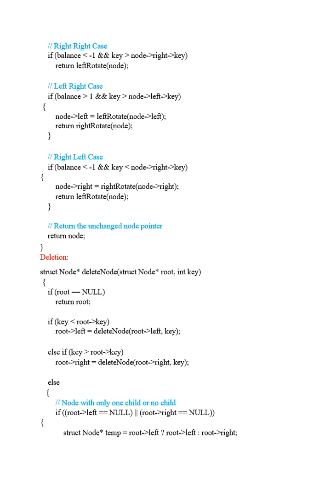And for deletion, it is the same as binary search tree deletion. If it is null, then we have to return root. If the key is less than the root node, we have to traverse only the left side and delete the given element. If it is greater compared with the root, we have to traverse only the right side and update it.